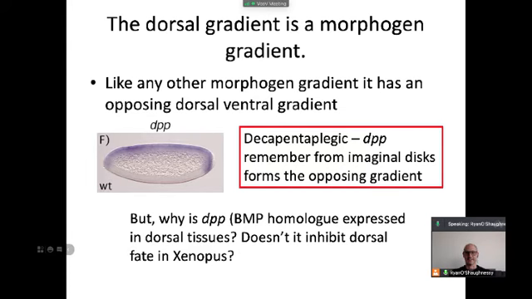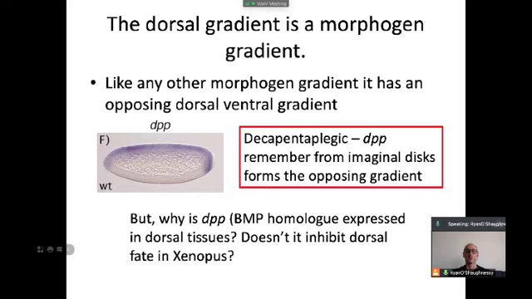So, and this is the confusing thing, why is decapentaplegic, the BMP homologue, expressed in dorsal tissues? Doesn't it inhibit dorsal fate in Xenopus? So remember, in Xenopus, if you overexpress BMPs, you get more trunk tissues at the expense of head and dorsal tissues.